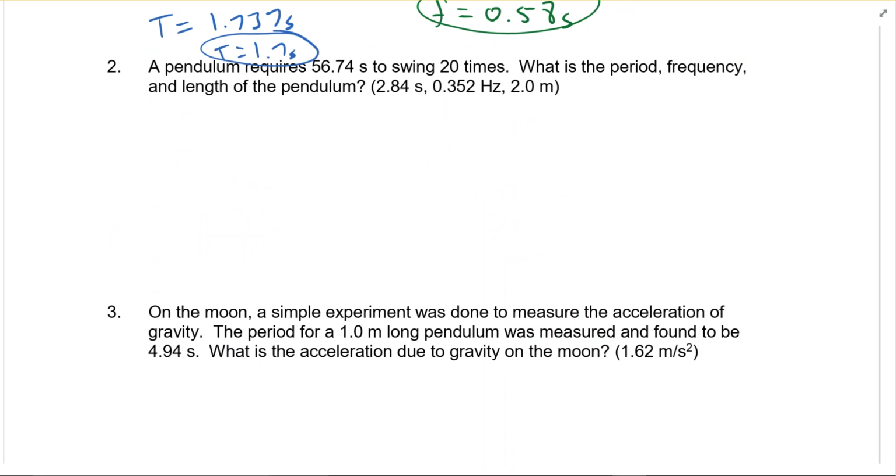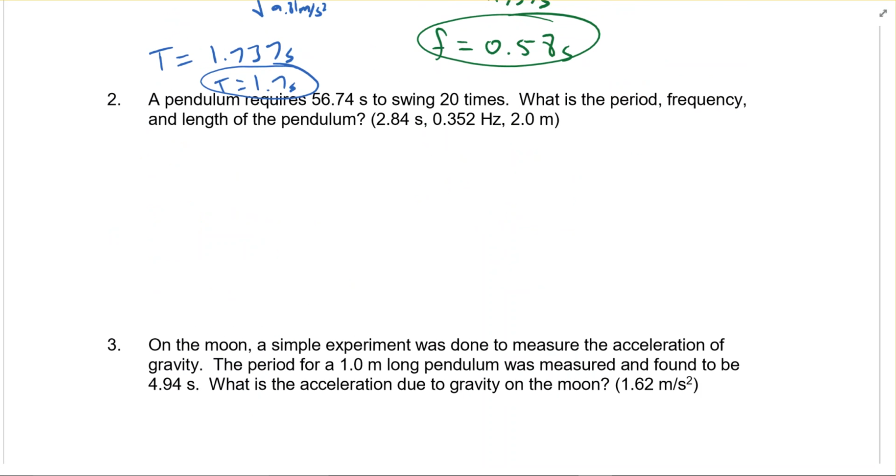Okay, number 2. A pendulum requires 56.74 seconds to swing 20 times. What is the period, frequency, and length of the pendulum? So period here is going to be total time over total swings.